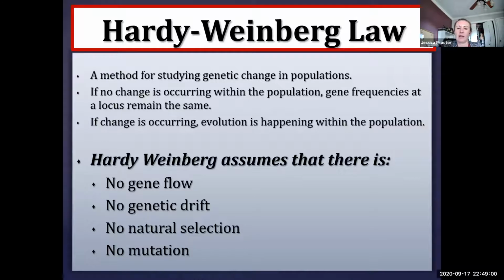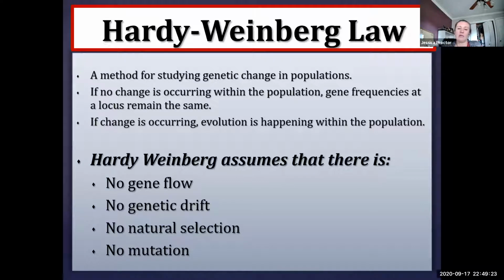As a random example, say we're talking about earlobe form. If there are no evolutionary forces selecting for a certain earlobe form, then we can expect gene frequencies to remain relatively constant over time. If there are evolutionary forces acting on a certain trait, we know that evolution is occurring within that population.